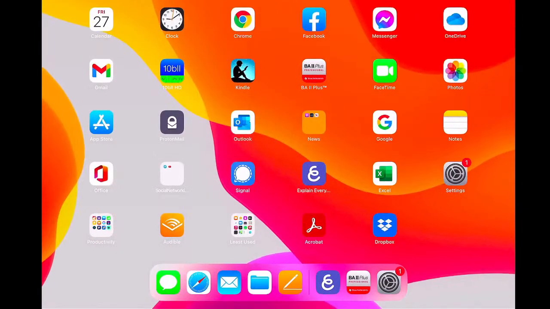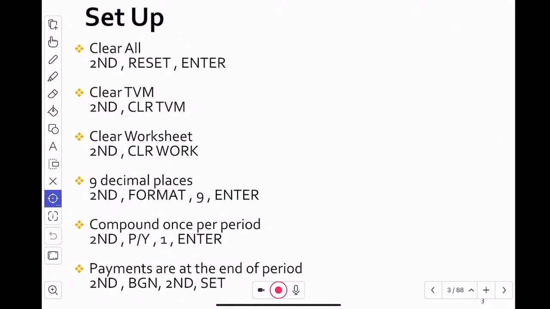The first set of instructions here are how to clear everything. So this is a hard reset. Now you don't want to do that every time. You just want to do that if you feel that there's something wrong with the calculator, you've entered some value or some setting that is giving you strange answers, so you do a hard reset.